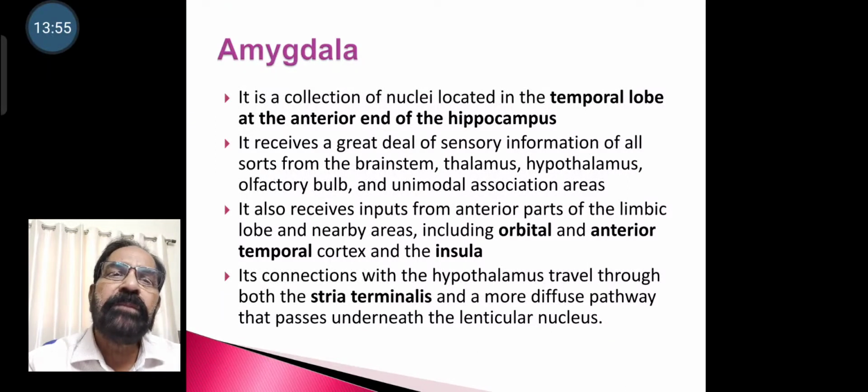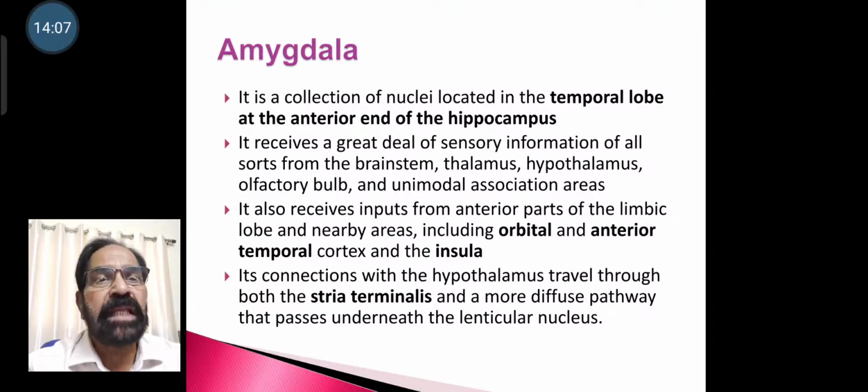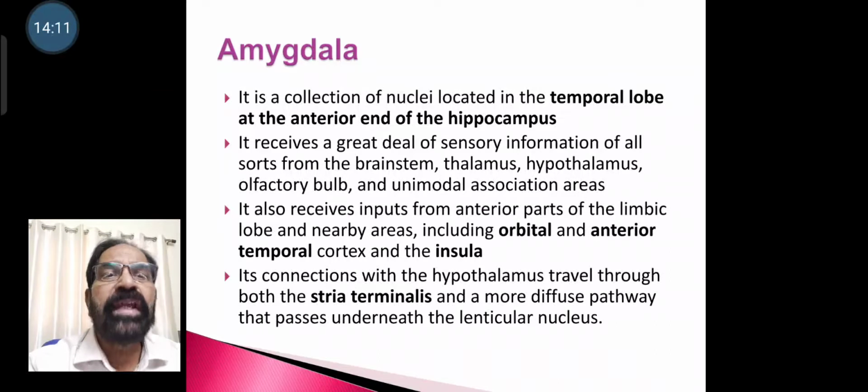It also receives input from anterior parts of limbic lobe and nearby areas including orbital, anterior temporal cortex and the insula. Its connections with the thalamus travel through both stria terminalis and a more diffuse pathway that passes underneath the lenticular nucleus.